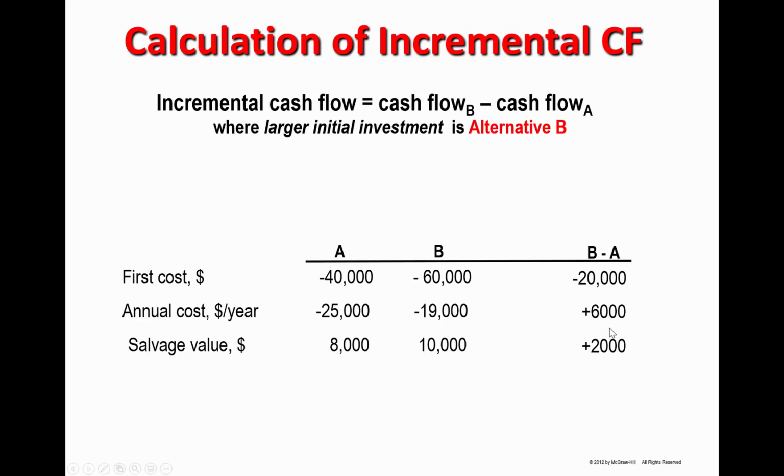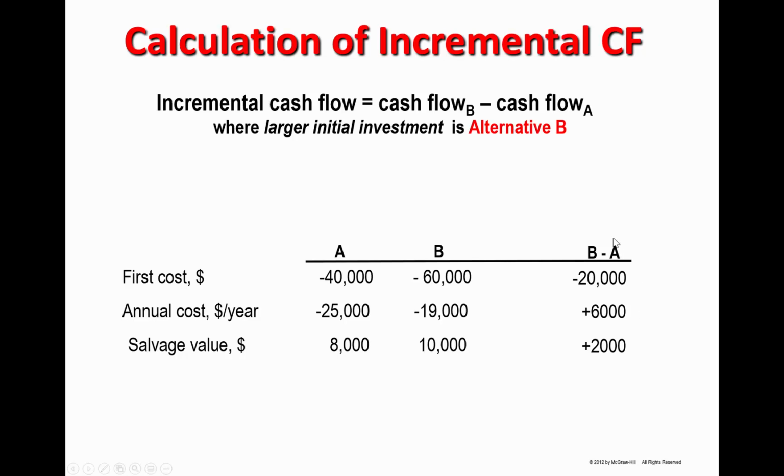The annual cost is $6,000 in favor of option B, because option B costs more upfront, but option A costs more on an annual basis. And then of course option B also has more salvage value.